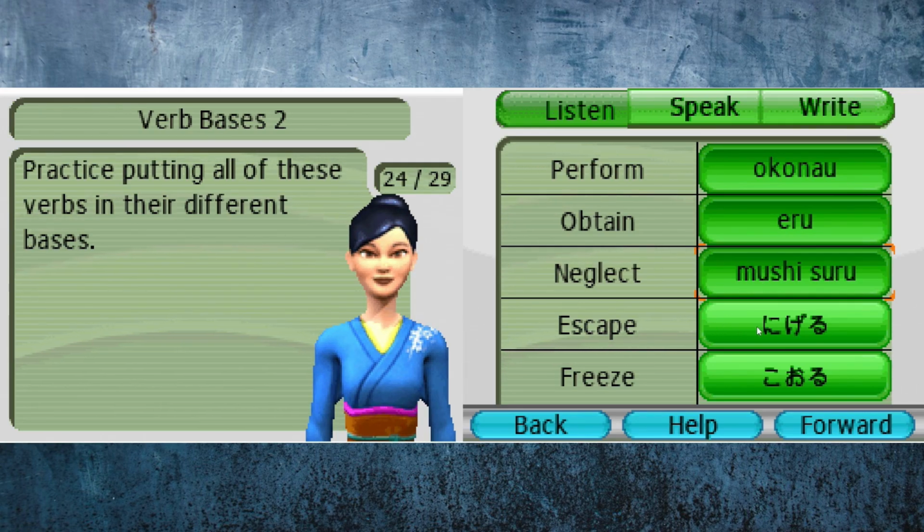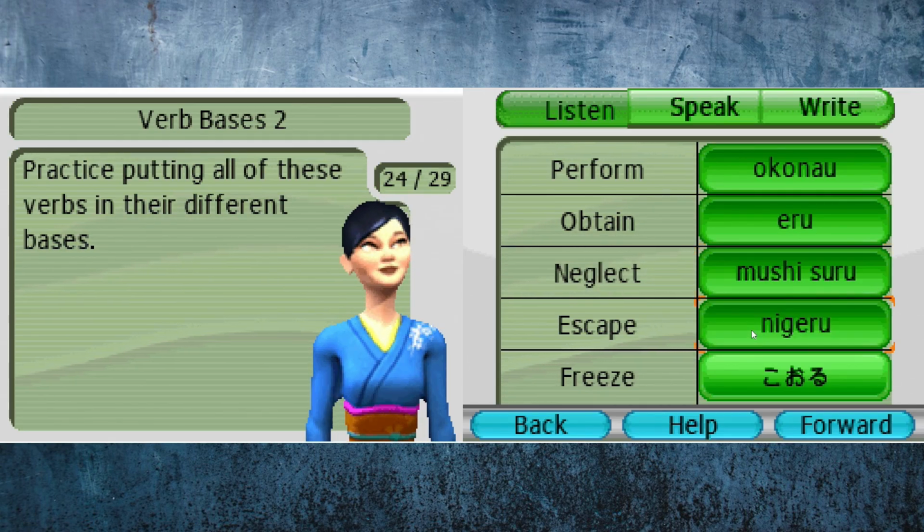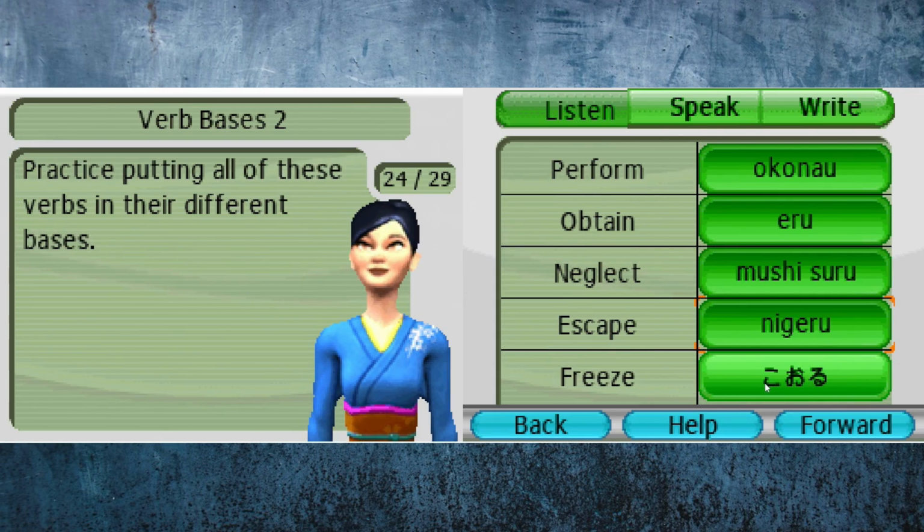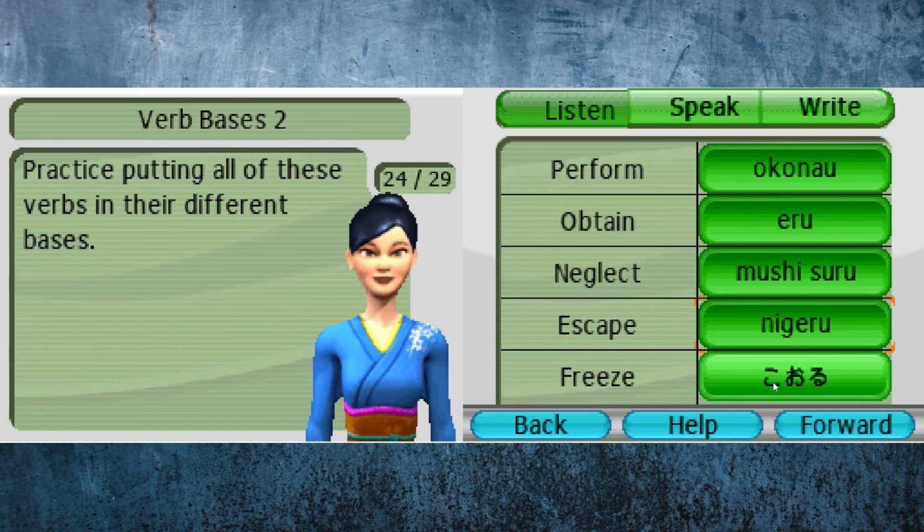To escape is nigeru. This is dictionary form, mas form, nigemasu. Negative form is nigenai. Te form nigete, and ta form nigeta. To freeze is koru, and koru is dictionary form, and I believe the mas form is komasu.